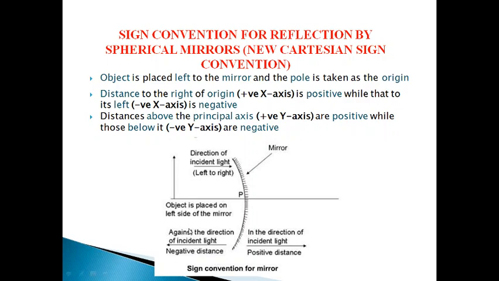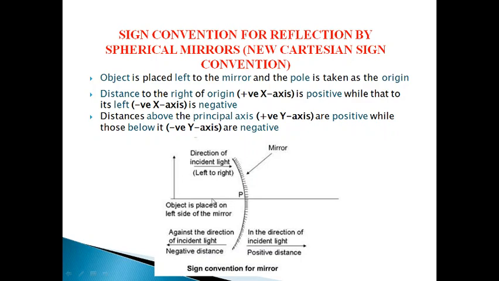Again, this is light will fall from the object to the mirror. So the whole distance covered by the light will be measured in the negative, because we will be measuring distances from its pole.